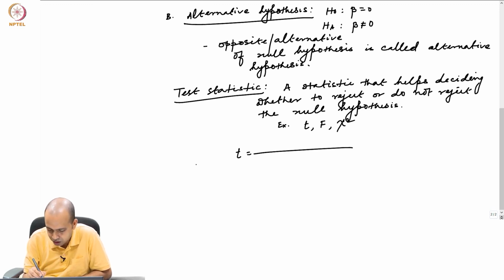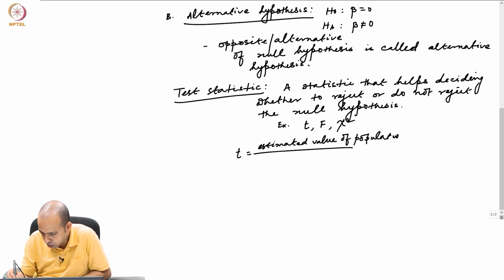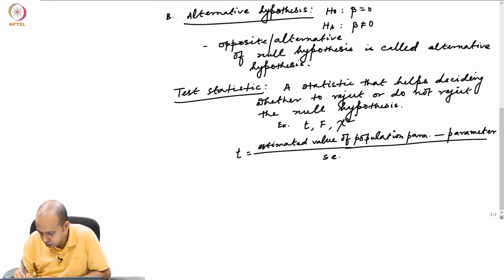The definition is: the estimated value of the population parameter minus the parameter, divided by the standard error of the estimate.